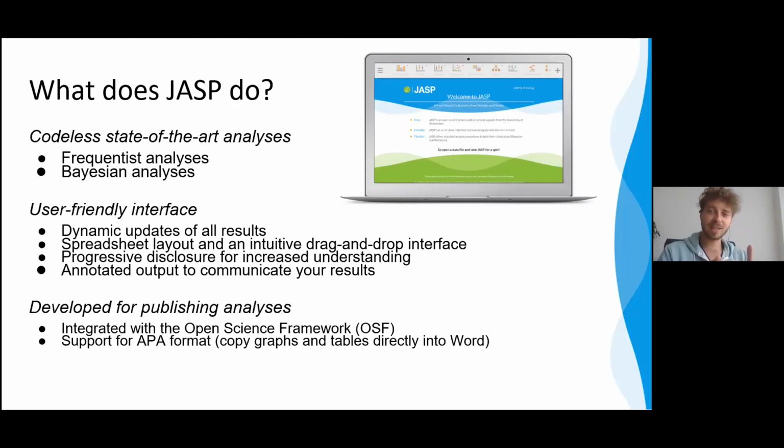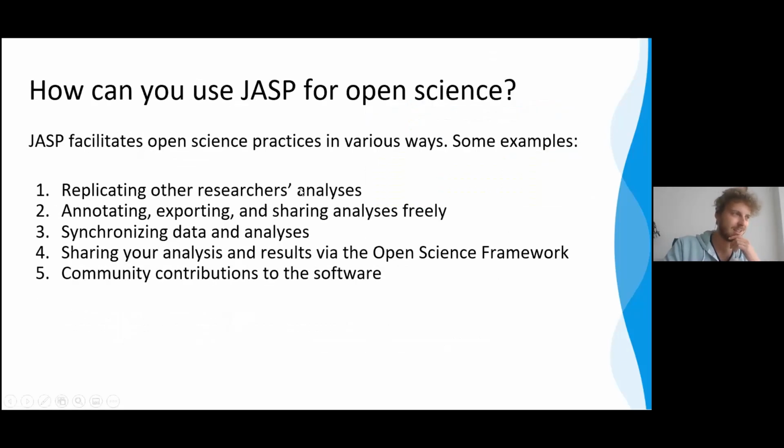So you can directly copy any output, also graphs, by the way, from JASP directly into your Word document or paper that you are writing currently. So it's built to be user-friendly and to publish and share your results in more ways than is actually shown here, but this is going to be later in the presentation.